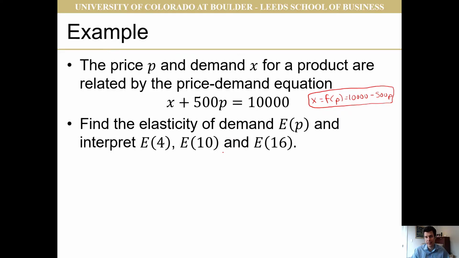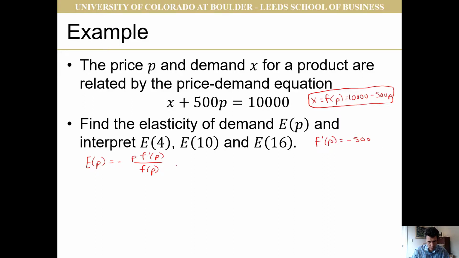So we want to find the elasticity of demand. Well, that's going to be elasticity of demand equals negative P f prime of P divided by f of P. Okay, so f prime of P, I'll write it over here, f prime of P equals negative 500.